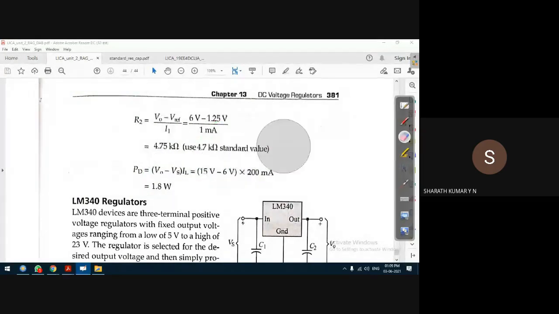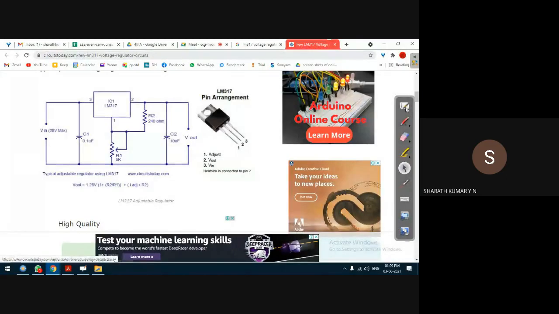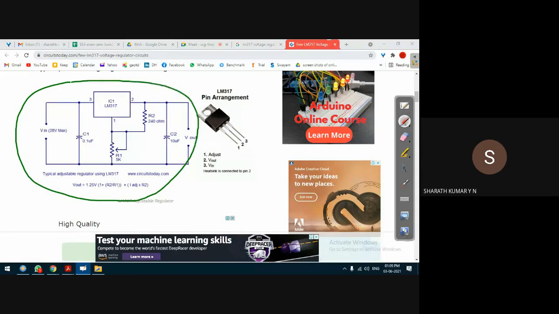That's how we can design this. Whenever we have this kind of regulator in a practical circuit, these circuits are given along with the regulators. For example, for the LM317, this is the standard circuit. Here there is no C adjustment capacitor; it is not always necessary.